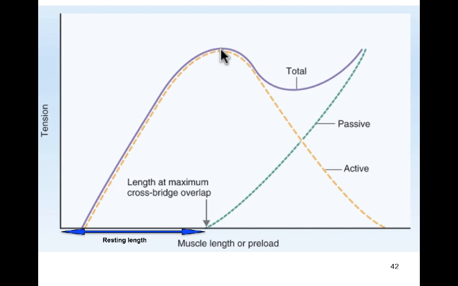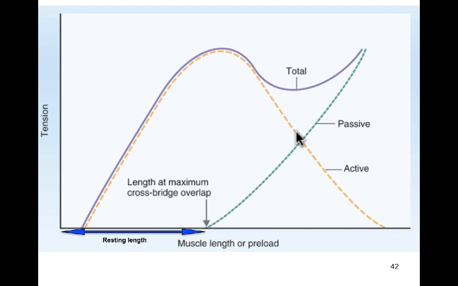If I stretch this muscle from the resting length, the length of the muscle is going to increase and the tension inside the muscle goes up because you are stretching the muscle and titin, or elastic fiber, is under stress. So therefore your passive tension is going to go up. However, as you stretch, your active tension is going to drop because as you stretch, you are putting this alignment into jeopardy.